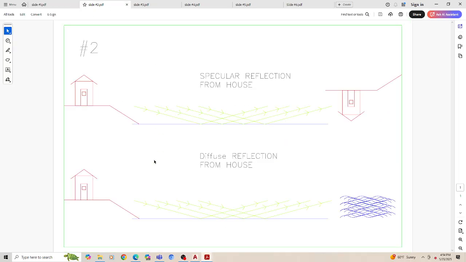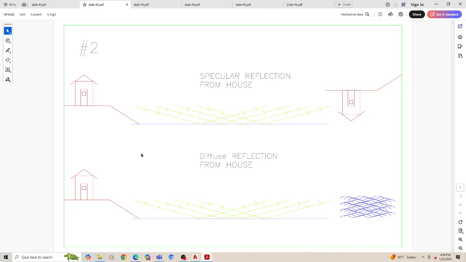So in slide 2 here, and I've put numbers on the slides, we have two forms of reflection. And this would be specifically dealing with the reflection aspect and not refraction in any capacity. I'm going to be clear here.